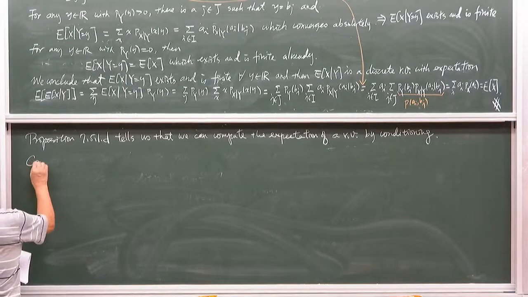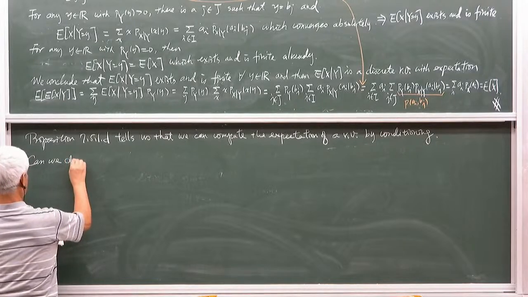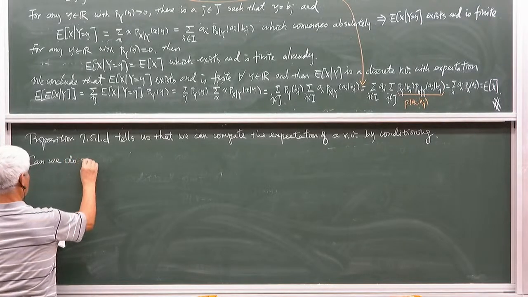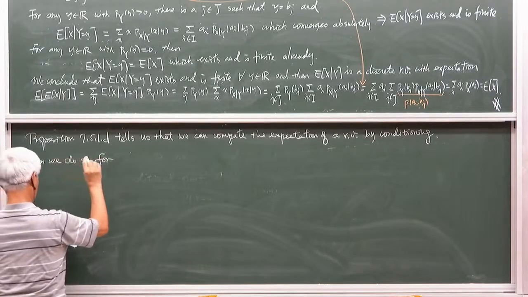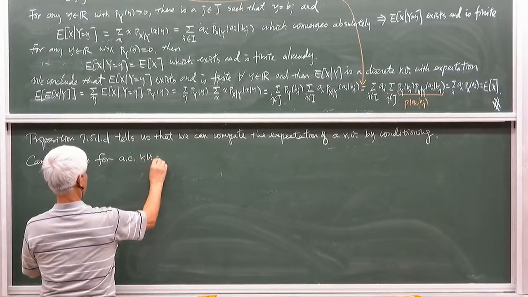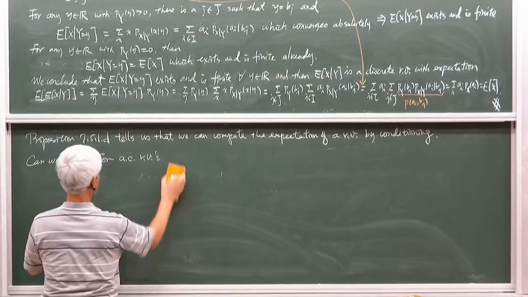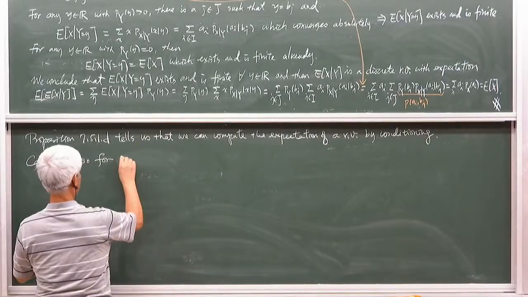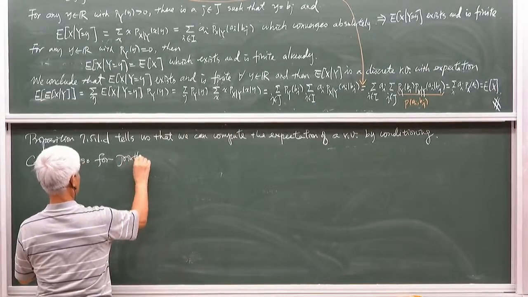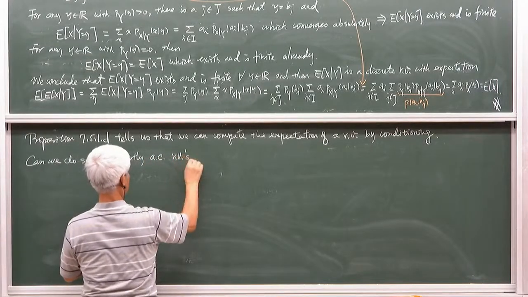Then can we do this for jointly absolutely continuous random variables?